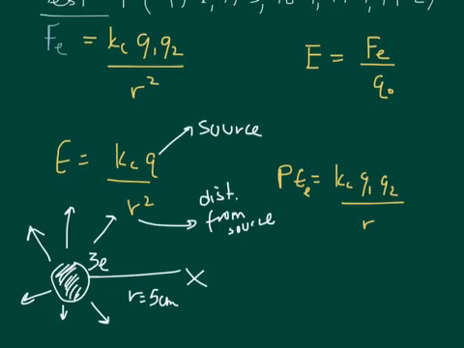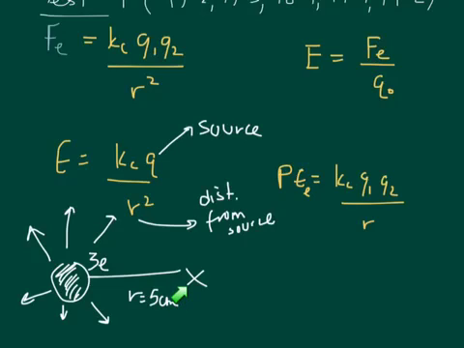Say you calculated the electric field E at this location, and you found that it was 20 newtons per coulomb. And then I asked, what force would a proton feel at this location?